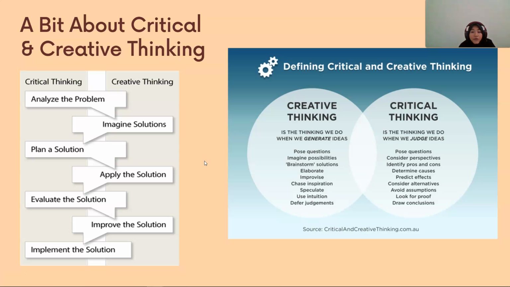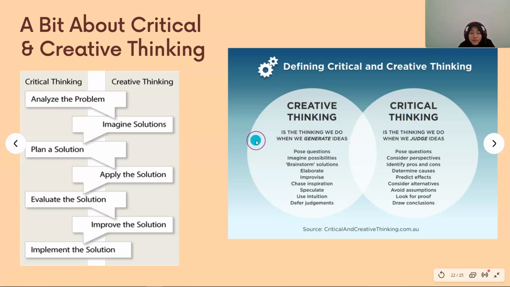After that you need to imagine the solution. Look at the word imagine; it is when we talk about the creative solution. Plan a solution, apply the solution, evaluate the solution, improve and also implement the solution. This is a normal process that we have in a computer solution or IT solution class. So this is the difference between critical and creative thinking.